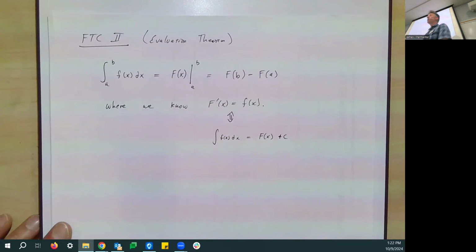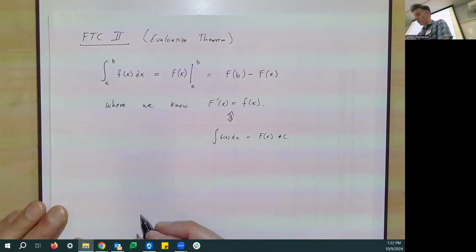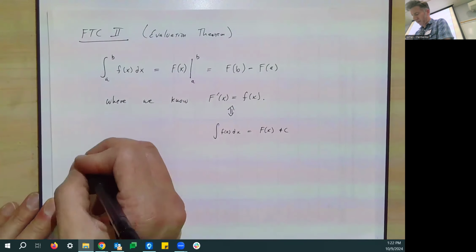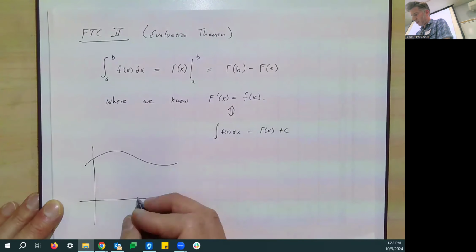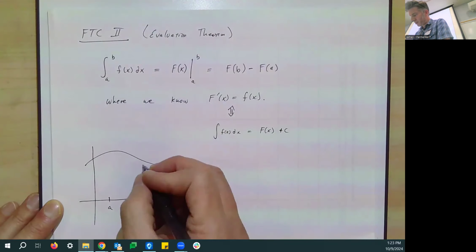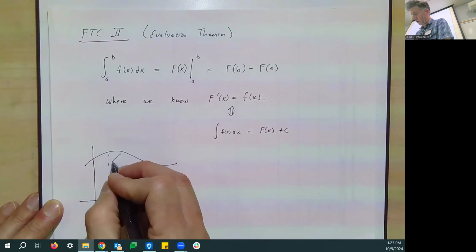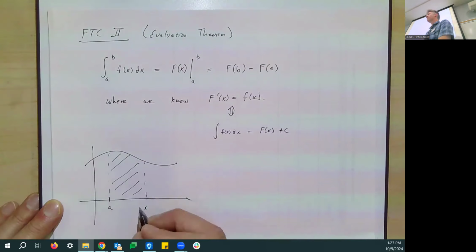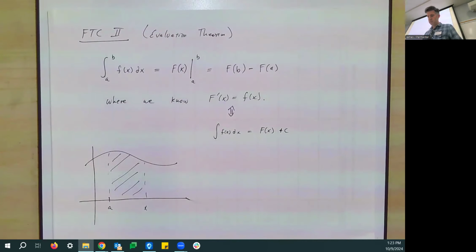So we know that the antiderivative of f of x is the antiderivative of f of x, but there's this plus constant thing, right? So we definitely know, yeah, I need to draw a picture. So here's the idea. There's A, there's X. We're going to call this area under the curve, sometimes people call it capital A of X, just to kind of help us see what's going on here.